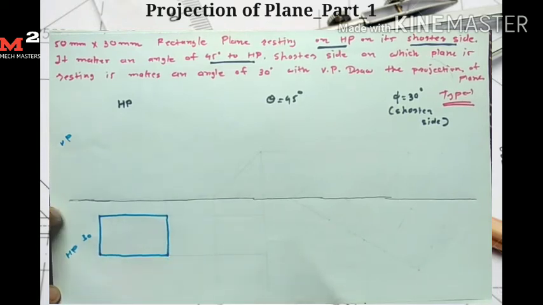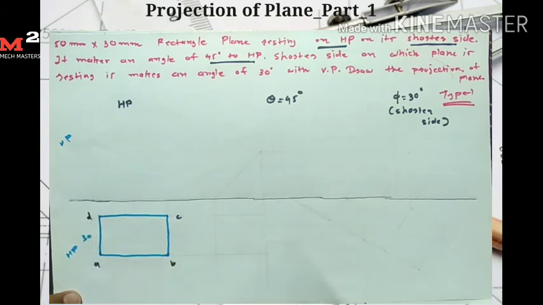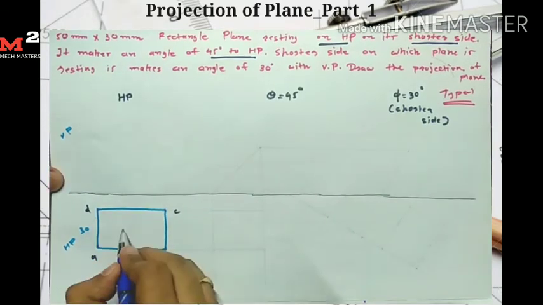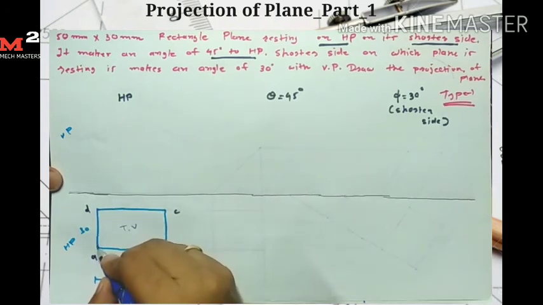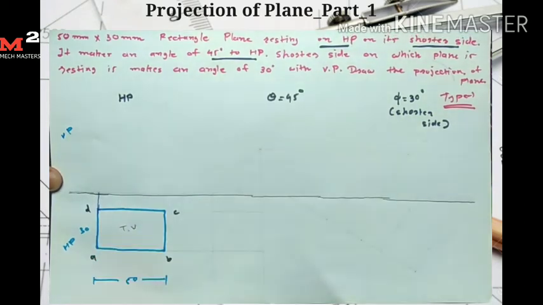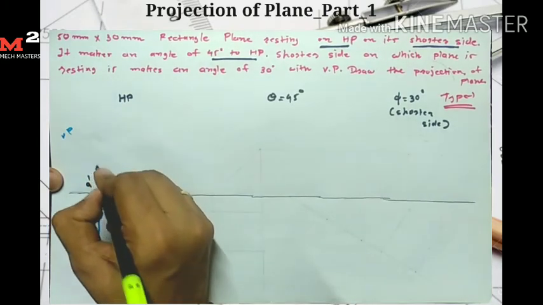Give the names A, B, C and D. This distance is 50 mm. So this is the true shape, or the top view, of the plane. Now for drawing the front view, I simply take the projection. For the A and D points, I take the projection on the reference line here, and I get my points A dash and D dash.